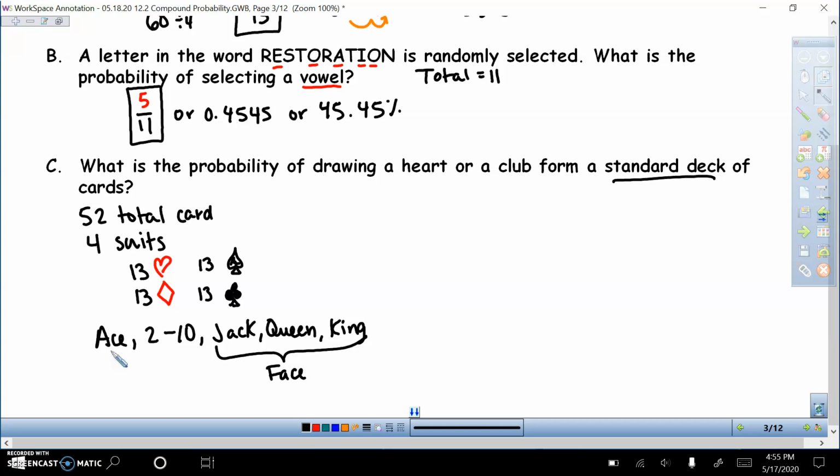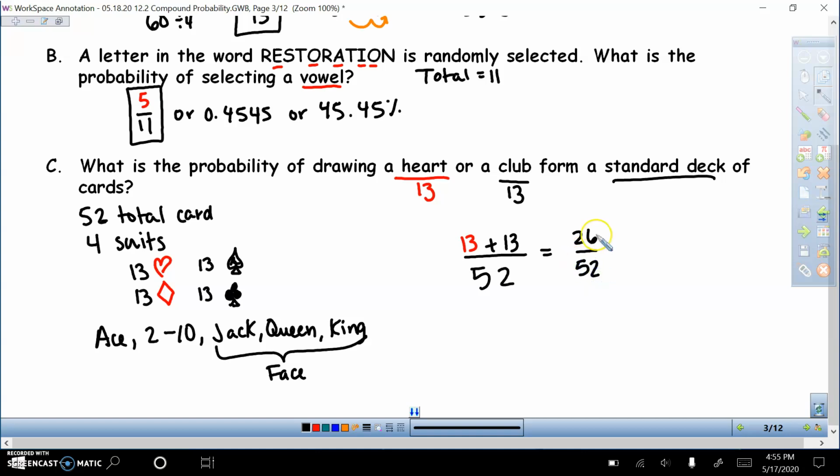So we want to know the probability of drawing a heart or a club. Well, there are 13 hearts according to my math here, and I have 13 clubs and 52 total cards. So 13 hearts plus 13 clubs, right? So I have 26 cards that would be either a heart or a club out of the 52 cards in the deck.